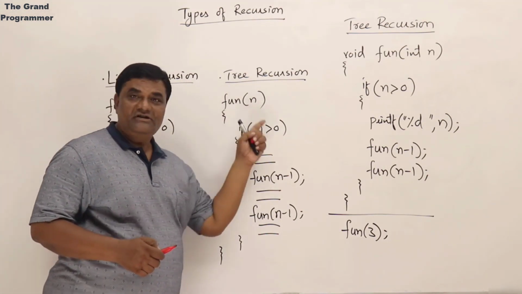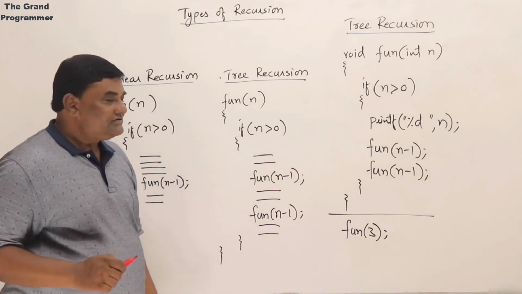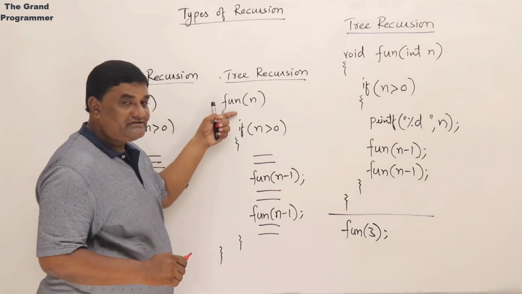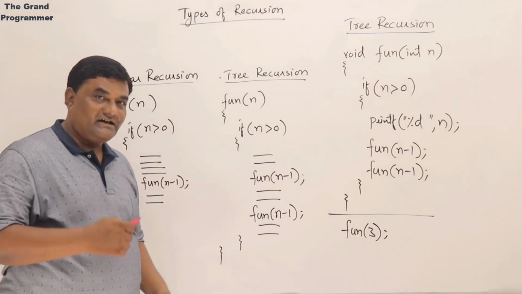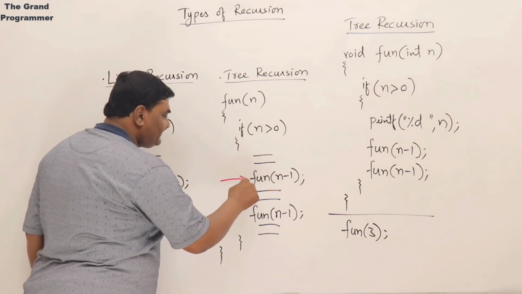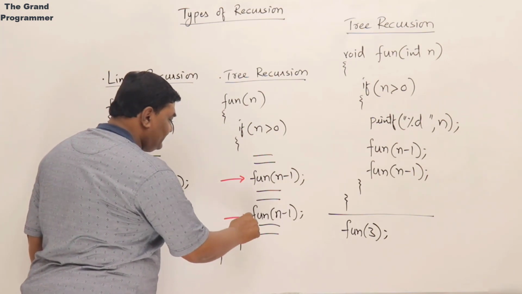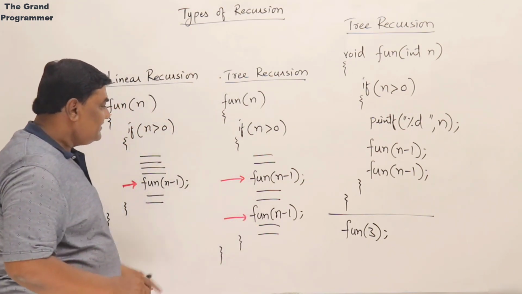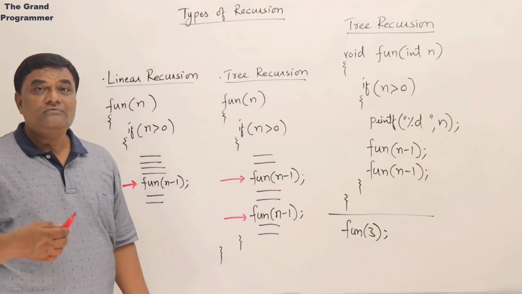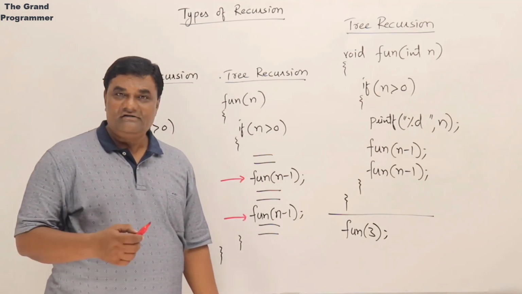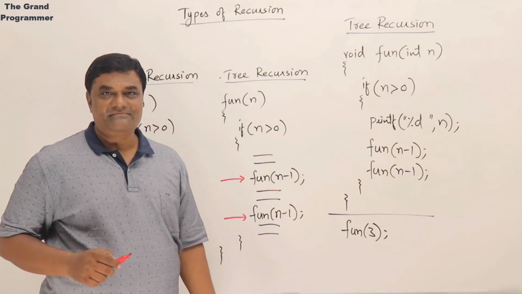Then here, tree recursion. So what is tree recursion? If a recursive function is calling itself more than one time. Here you can see it is calling itself the first time, and here it is calling itself the second time. So if a recursive function is calling itself more than one time, then it is tree recursion.